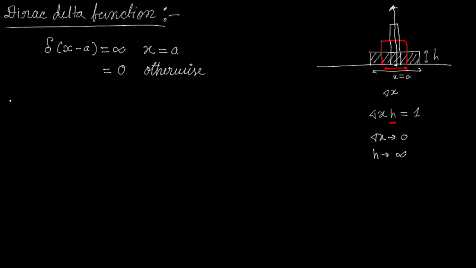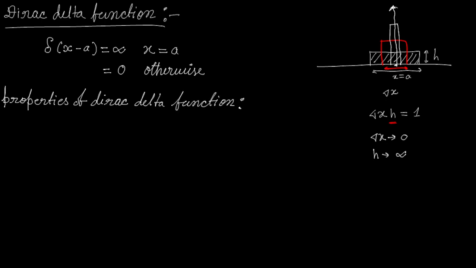Now we have to learn some properties of this Dirac delta function. This function has many properties, but we'll discuss only those which are required for the study of electrodynamics.